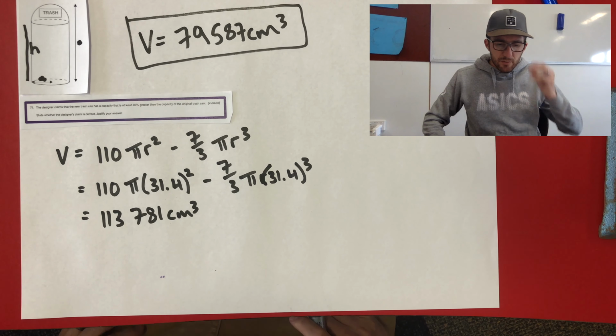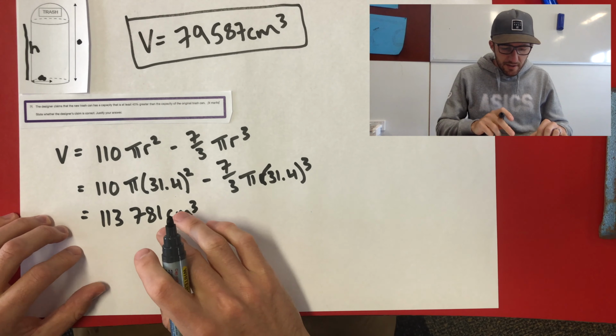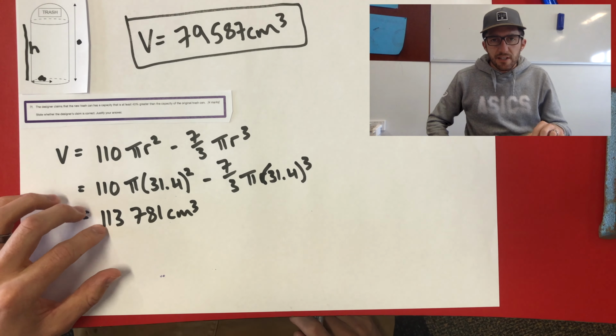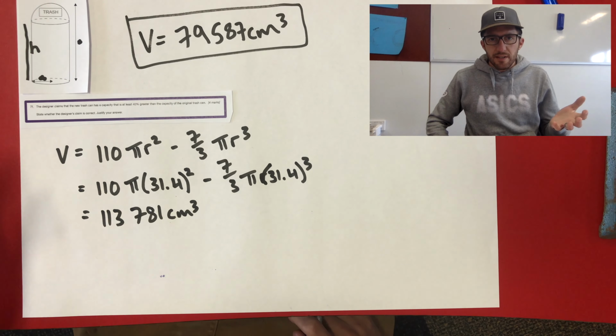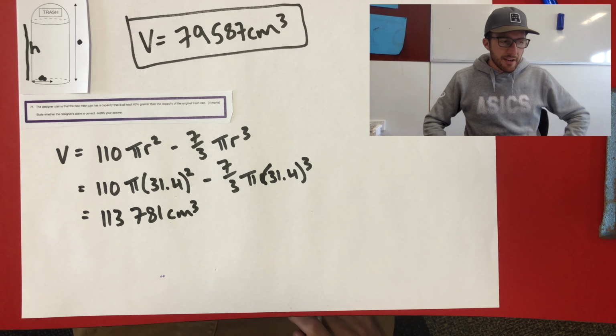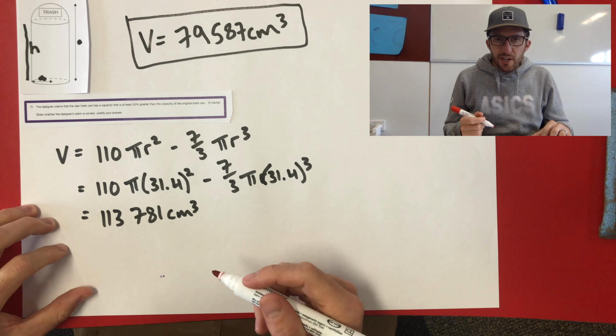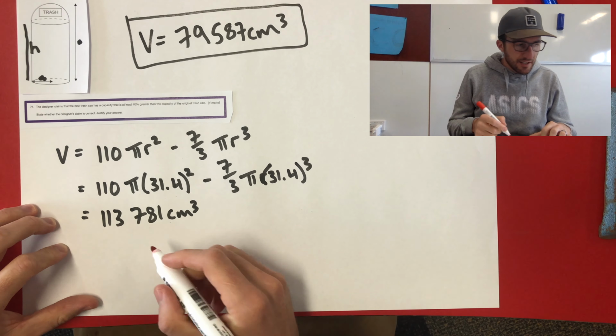And so now there's one last step. We just need to compare this new volume to the original volume and find out if this is 40% greater. Is it at least 40% greater in capacity? And so the way that we do that, we use our percentage error formula essentially.